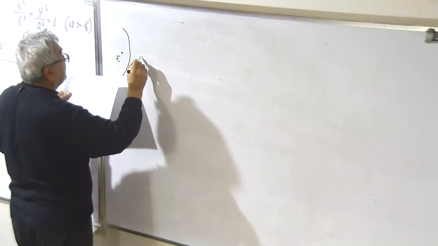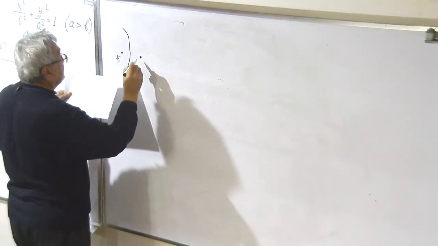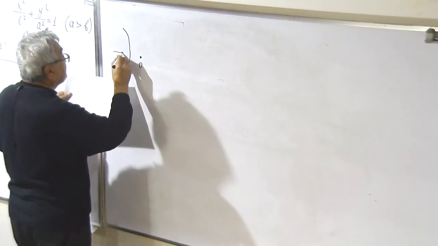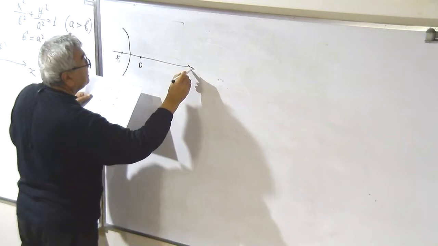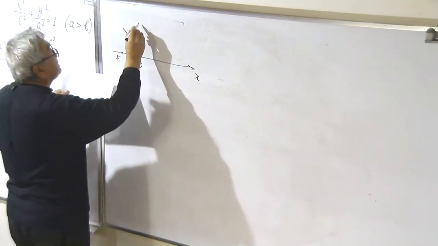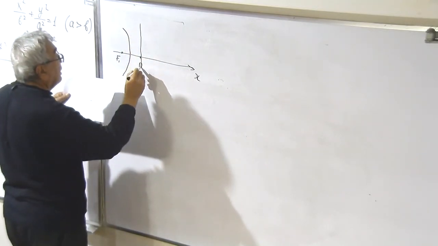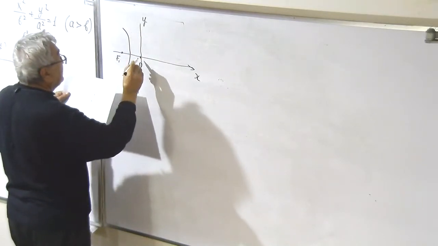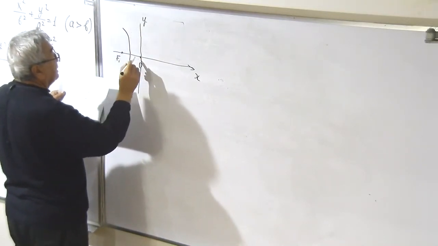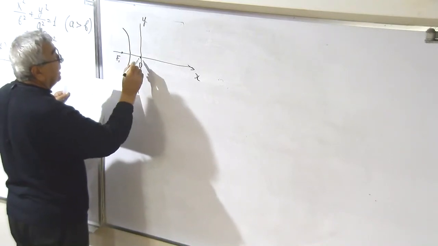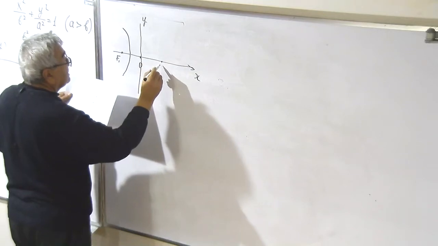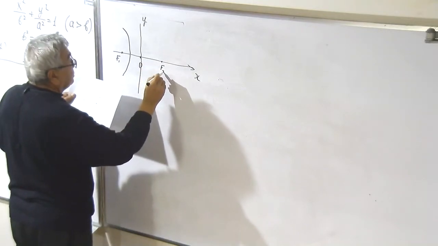And here is the center, this center O, of this coordinate system X. Here is the Y coordinate, Y. The distance from the origin to the first focus and to the second focus is the same. Here is F2.